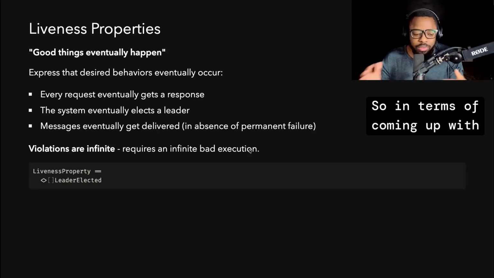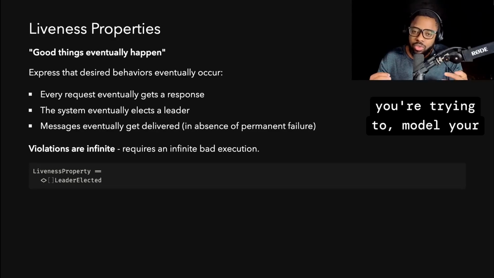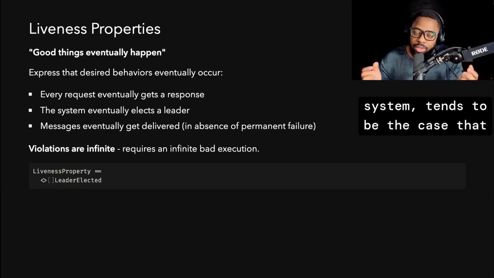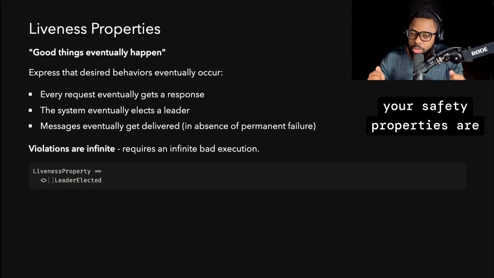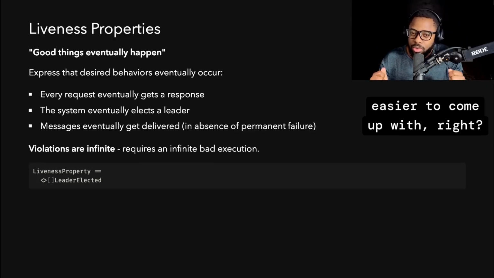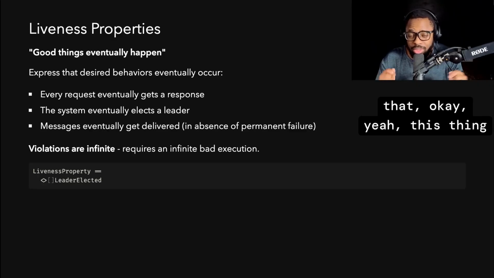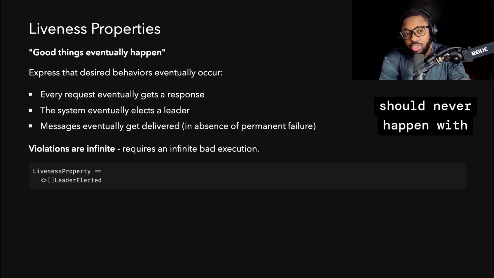In terms of coming up with these properties as you're trying to model your system, it tends to be the case that your safety properties are easier to come up with, right? It's easier to really point to things where you feel very confident that, okay, this thing right here, this should never happen.